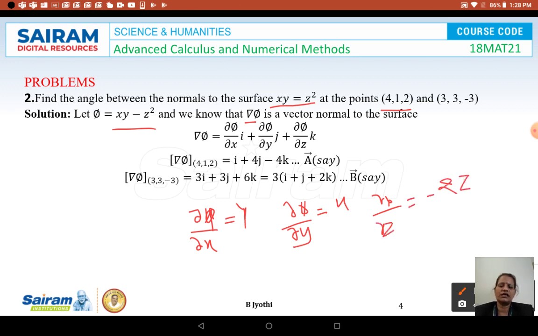When we substitute the first point (4, 1, 2), we get the first vector i plus 4j minus 4k.